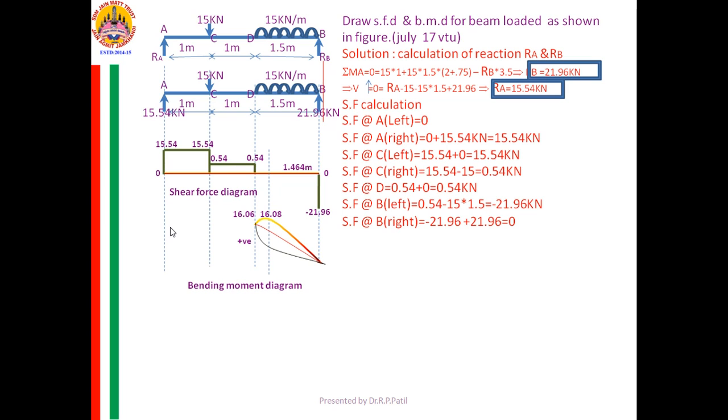Between D and B, loading is constant, therefore SF is an inclined line, one power higher than the load. Therefore, I need to join it by means of an inclined line.